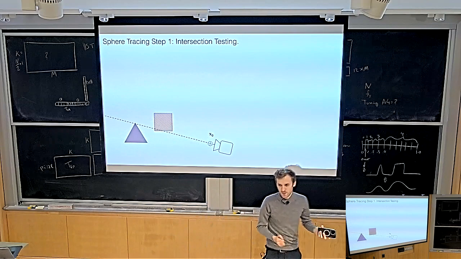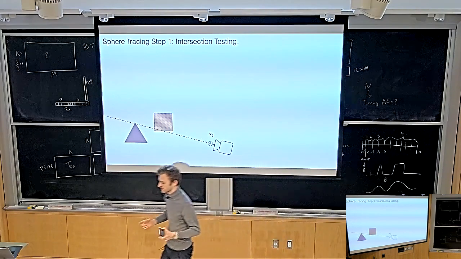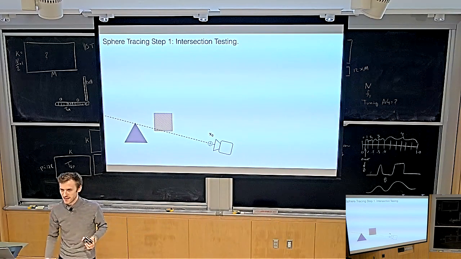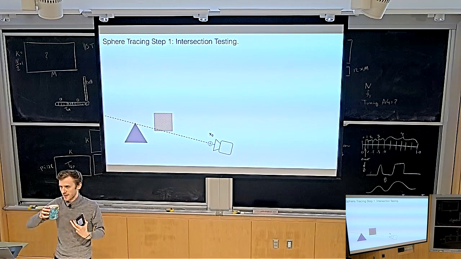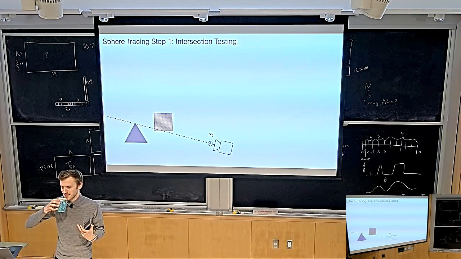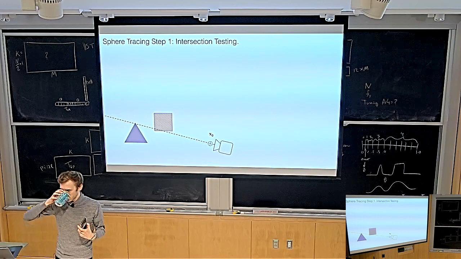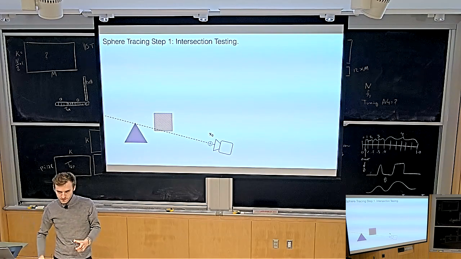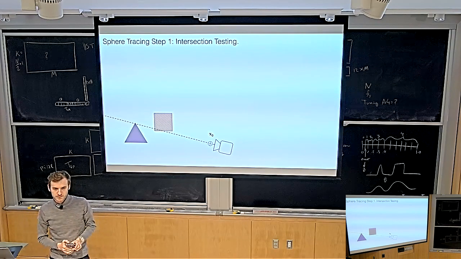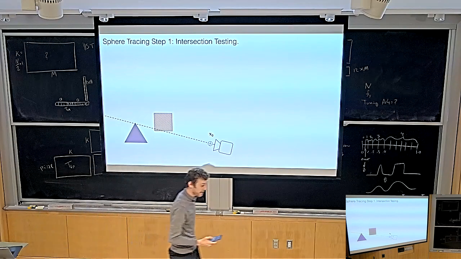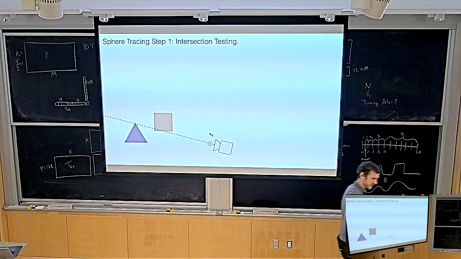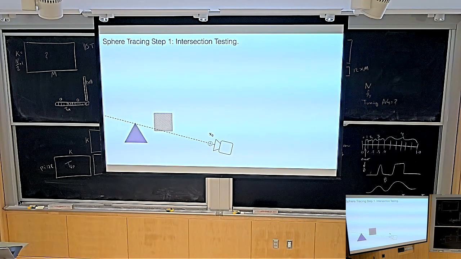Maybe someone already knows, or can imagine, what could be a smart way in which we could exploit the fact that we know the signed distance at every point. Yeah, binary search is something you can do.